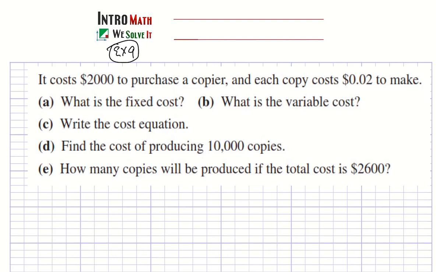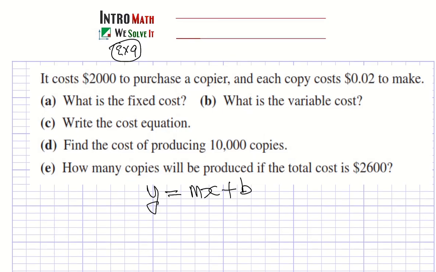So what we know is that y, the slope-intercept form, is written like this: mx plus b. b is the y-intercept when x is 0.